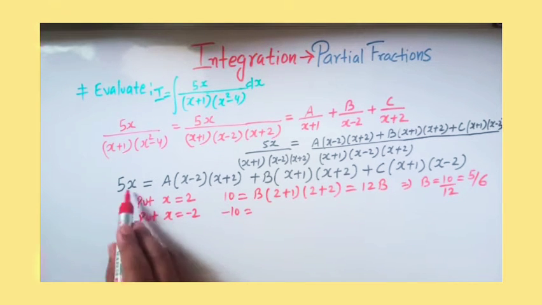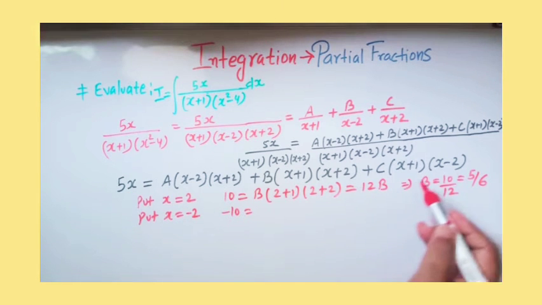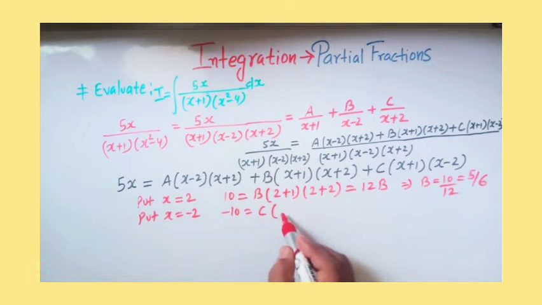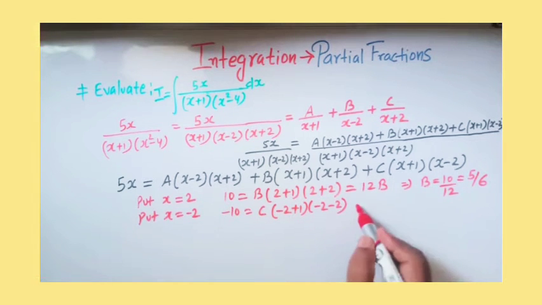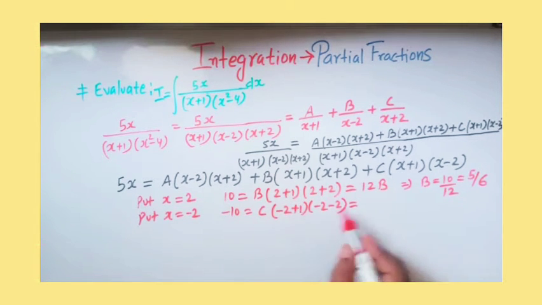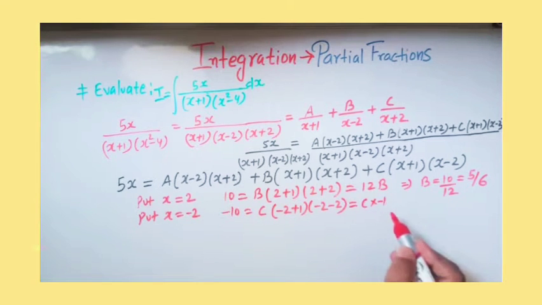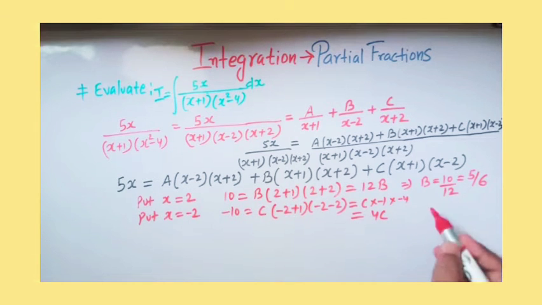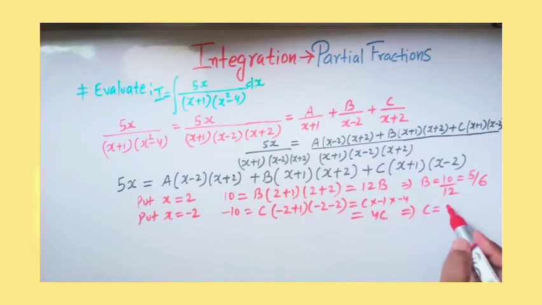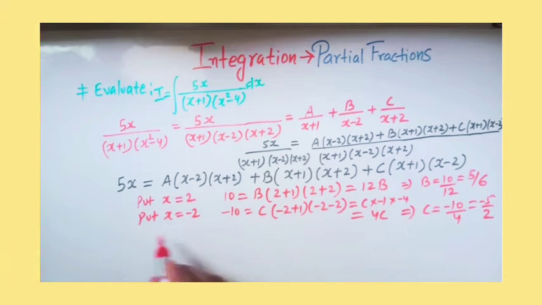Now x is minus 2, so we have minus 10, and here we have c times (minus 2 plus 1)(minus 2 minus 2), so this is c times minus 1 times minus 4, so this is 4c, and c is minus 10 by 4, that is minus 5 by 2. Clear?